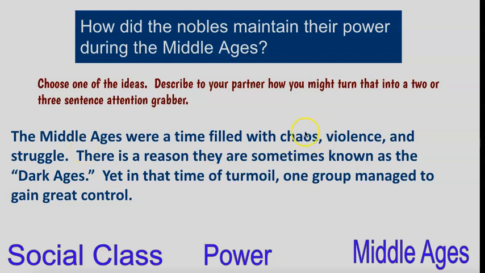And unfortunately, a lot of people are drawn to chaos. And so starting with some of this vivid language might pull them in. Using this kind of debatable phrase of the Dark Ages, and then linking this to control and power. From there, I might then link into the nobles, and I'm gradually putting all the pieces together.